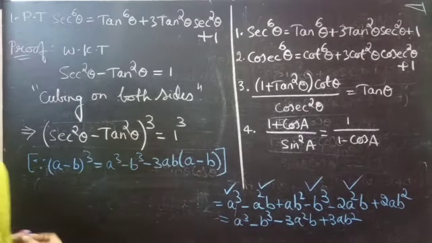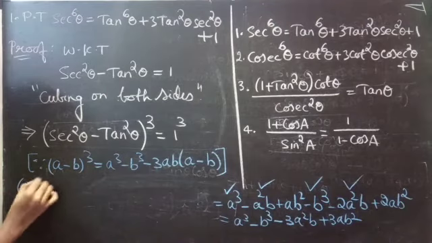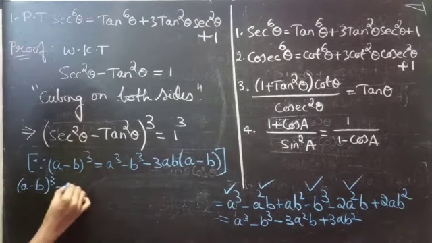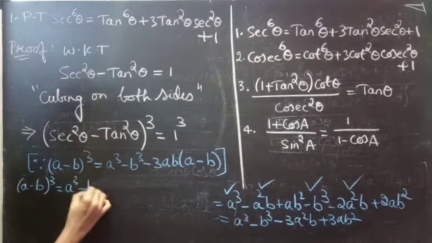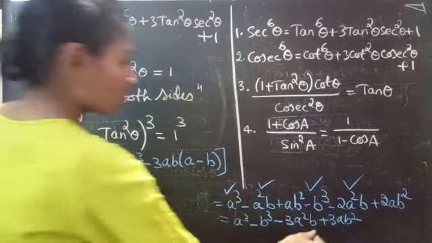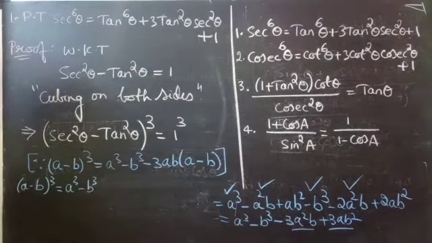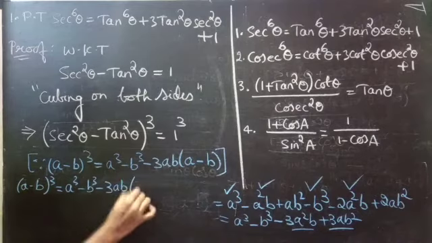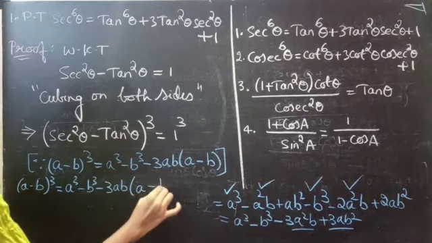So now a minus b whole cube is equals to a cube minus b cube. From these two terms you are having 3ab common. So take minus 3ab common, so you'll get a minus b.